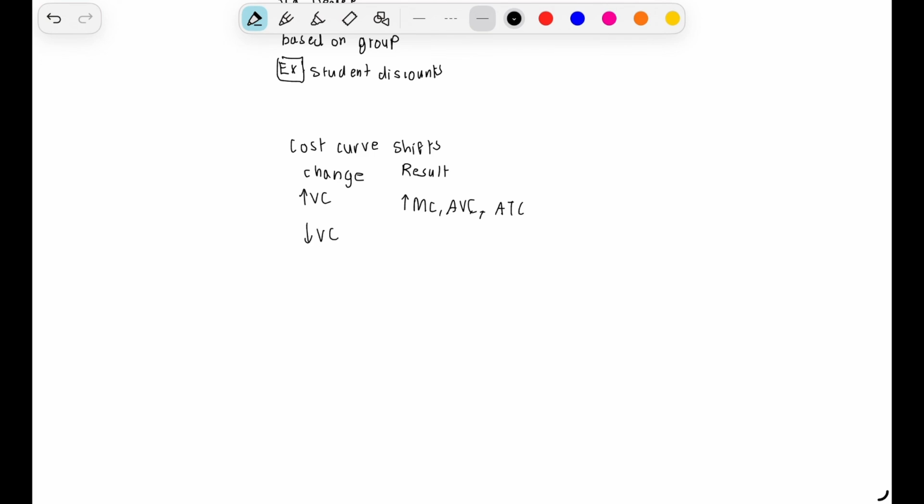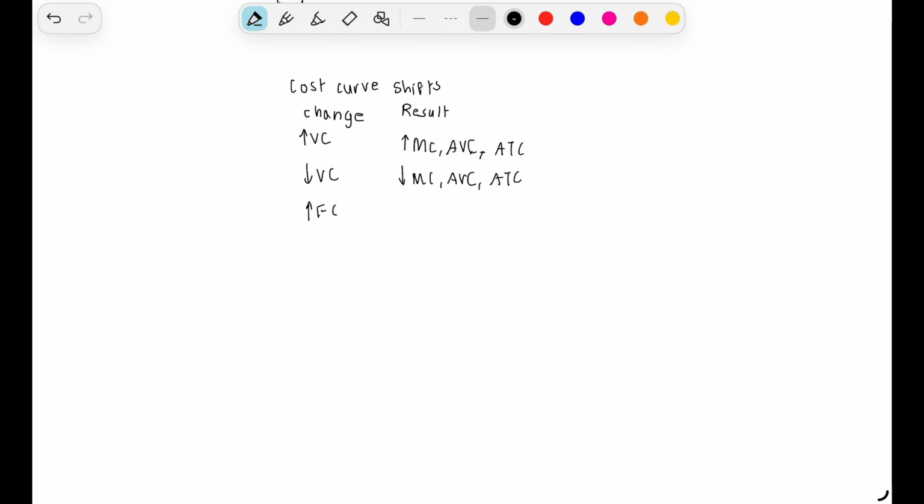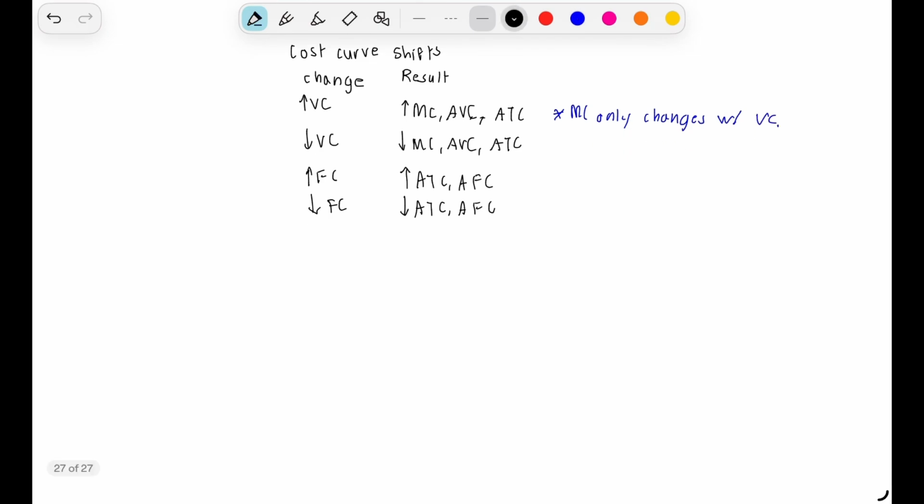Decrease variable costs, decrease MC, AVC, ATC. Increase fixed costs, increase ATC, AFC. Decrease fixed costs, decrease ATC and AFC. So also remember, MC only changes with variable cost.